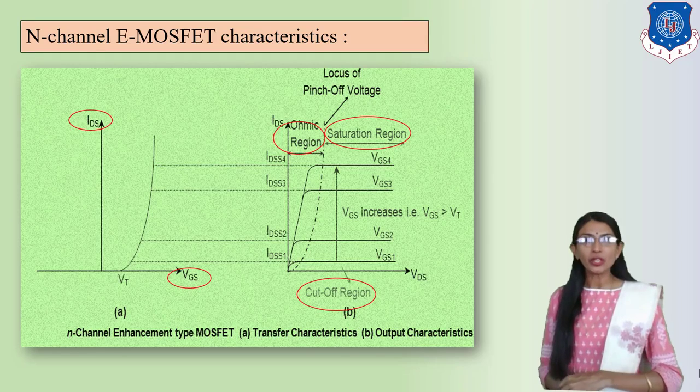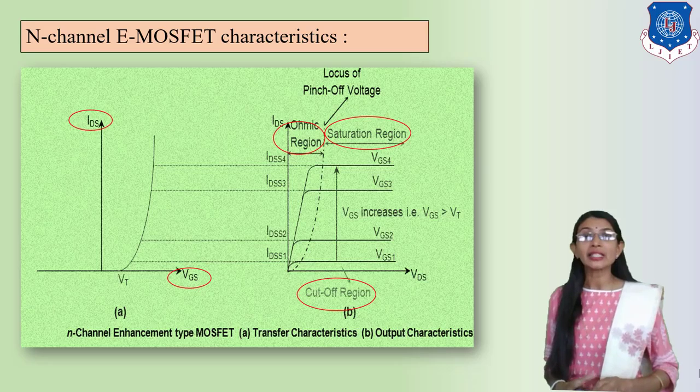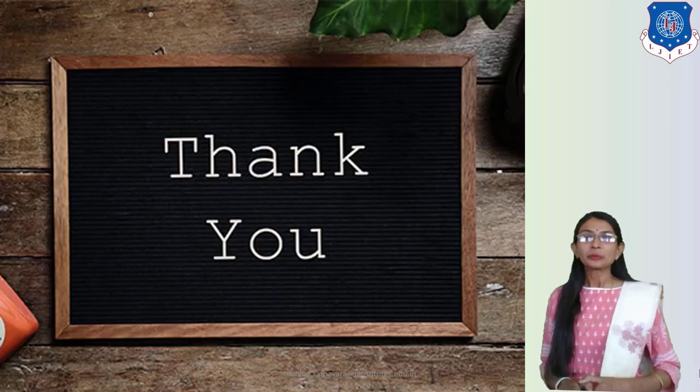Thus, in the D-MOSFET, a channel is already present, but in the E-MOSFET, initially a channel is not present and then the channel will be induced. So this MOSFET is known as the enhancement MOSFET, as the channel is enhanced later on after connecting the batteries and biasing. Thank you very much.